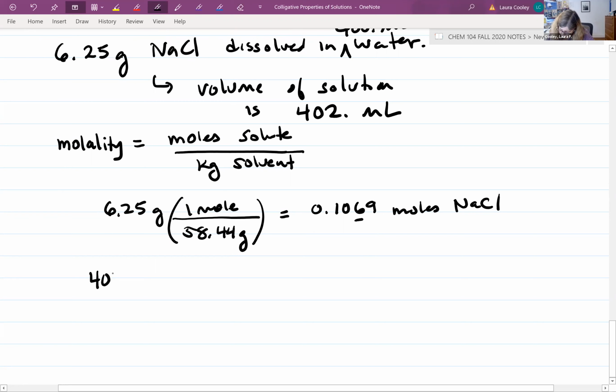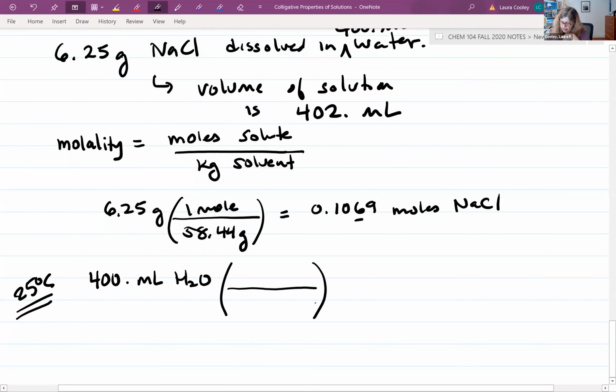Now, 400 milliliters of water. And now I want to figure out how many kilograms that is. Well, if you consider that the density is 1 gram per milliliter, then that would be 400 grams. But I'm going to say that this is 25 degrees C. And at 25 degrees C, the density of water is not exactly 1.00.